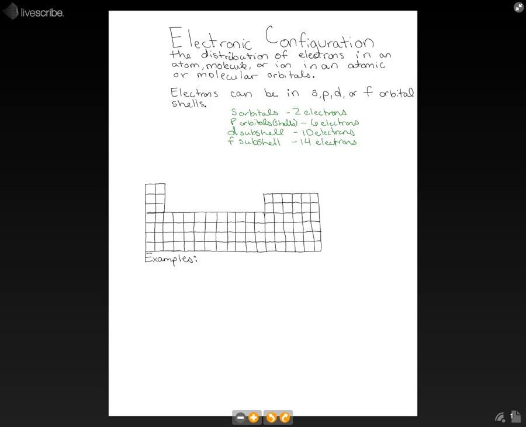So we can use the periodic table to our advantage here because the electronic configurations can be seen easier on a periodic table.